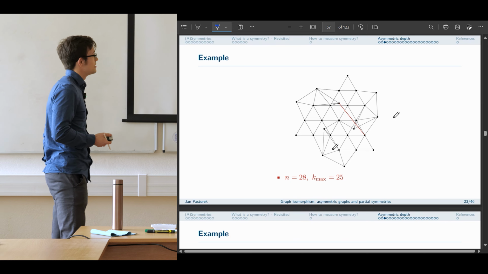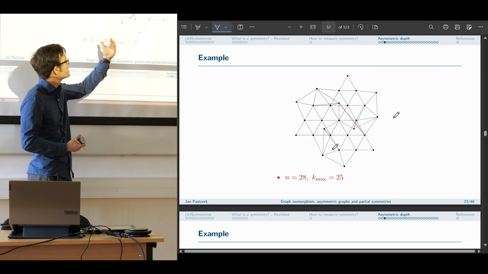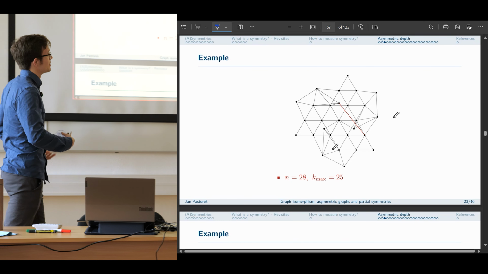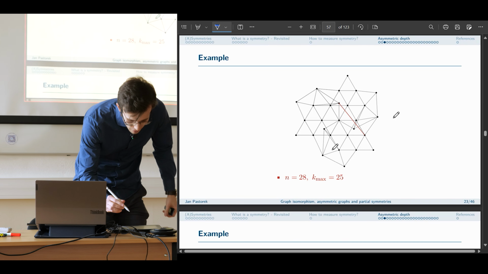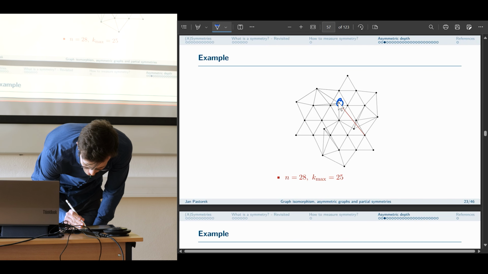Okay, this is a bigger beast, and the only thing that somehow restricts the symmetry is this red edge, okay? So we would like to somehow avoid that, and it turns out that you need to take these 3 vertices out of the induced subgraph. This one, this one, this one, okay?